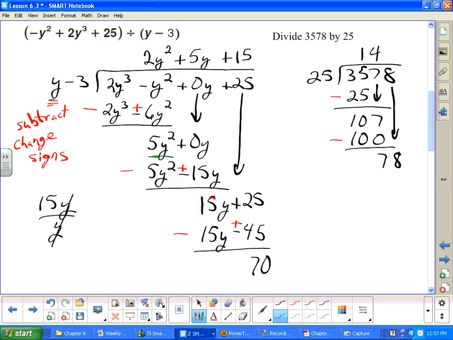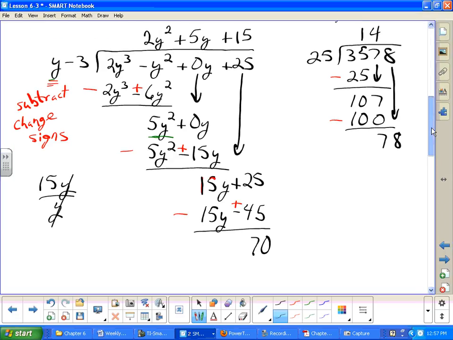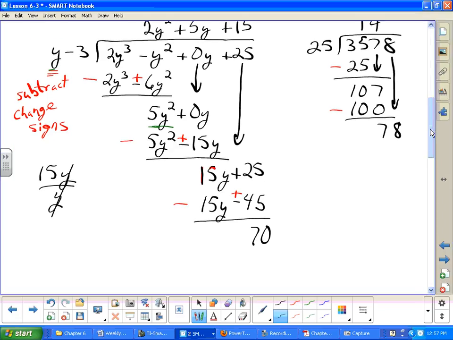So my final answer then is going to be 2y squared plus 5y plus 15, and then plus 70 over y minus 3.